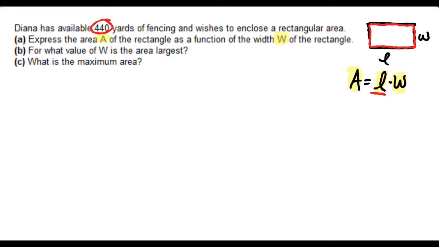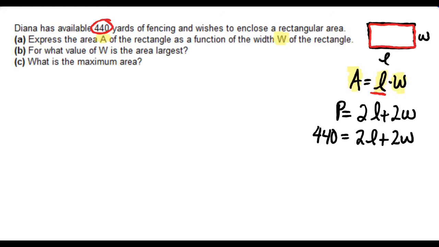And that fencing refers to the perimeter. So the perimeter of a rectangle is 2 times the length plus 2 times the width. So we're going to use all of that 440 yards of fencing. So I'll substitute 440 in for perimeter.